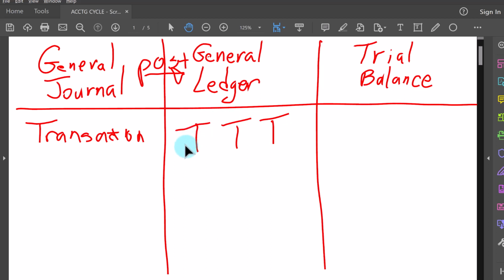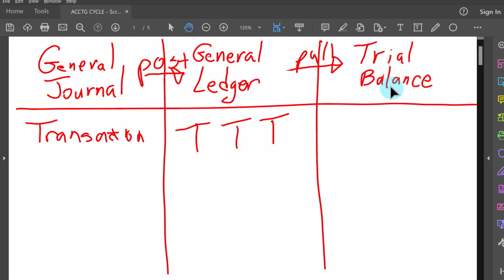And then we're going to get a balance of leftover amounts in these ledger accounts. And we're going to transfer them, or as some professionals call it, we're going to pull a so-called trial balance. That's the document with 2 columns, one for debit balances and one for credit balances.